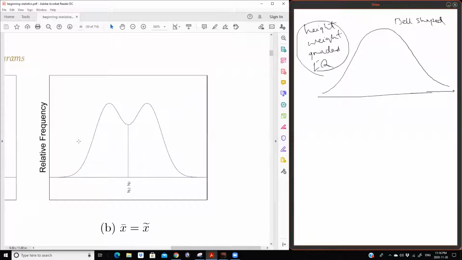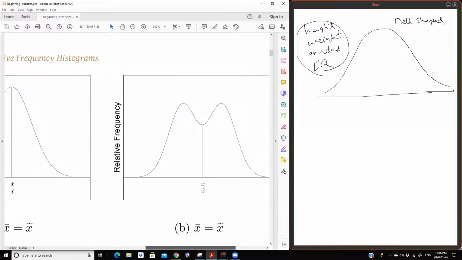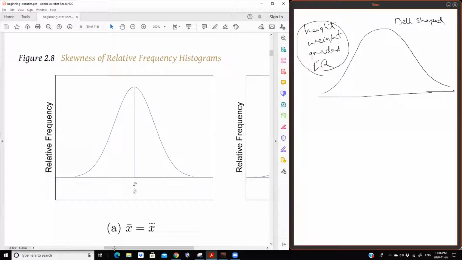This is also symmetric with respect to the middle line here. If you have a symmetric distribution, then the sample mean and the sample median are going to be almost equal. Make sense? They're going to be almost equal.